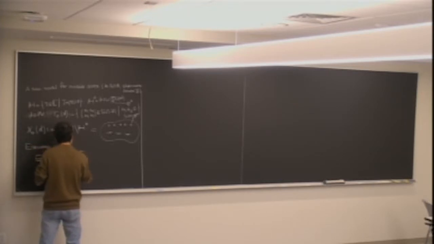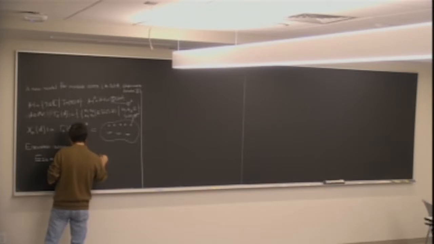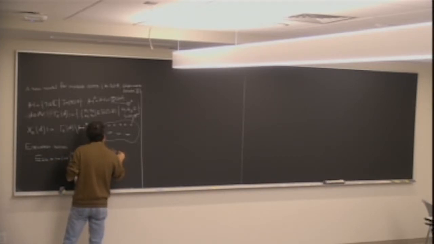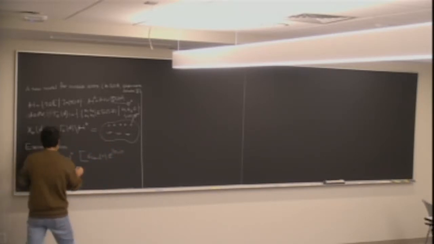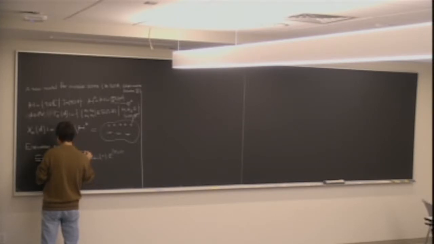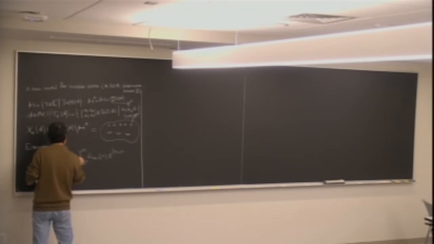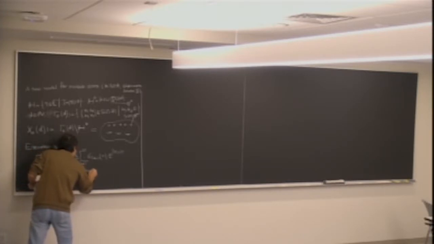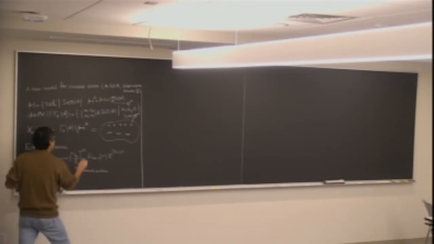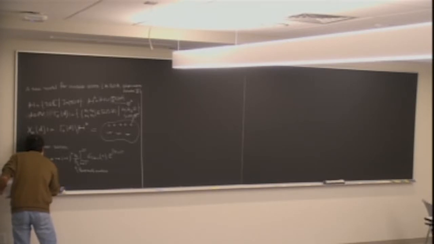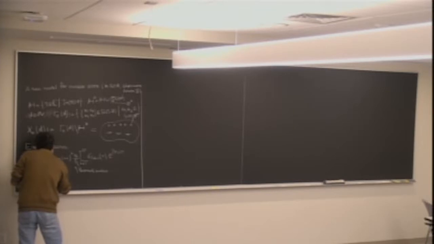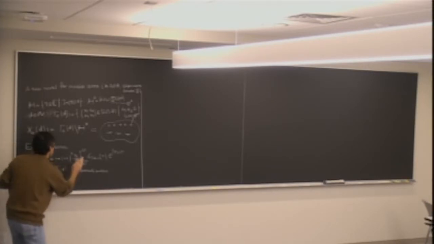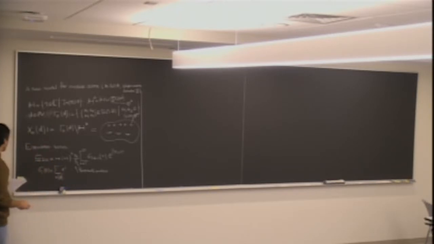The Bernoulli numbers B_k are rational numbers. And sigma_i of n is just the sum of the divisors of n to the power i. Okay, so this one I needed.